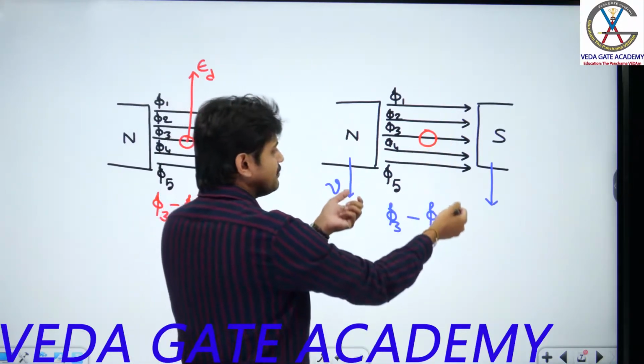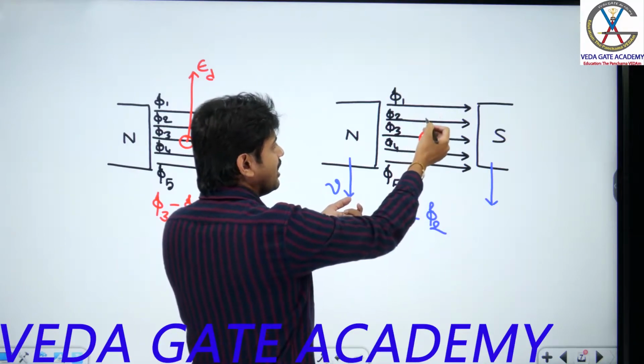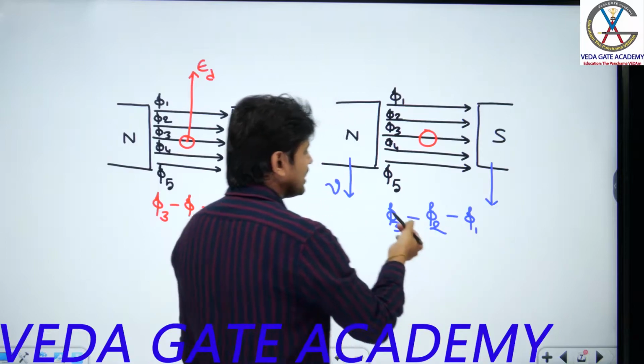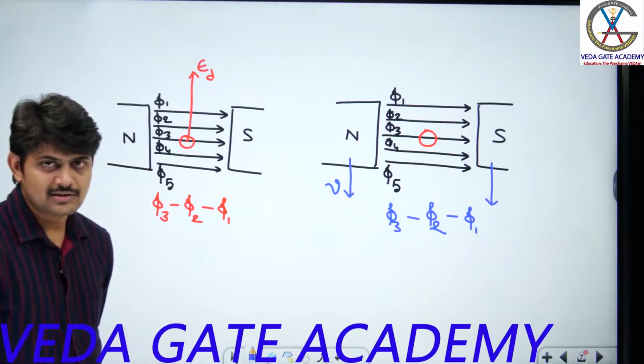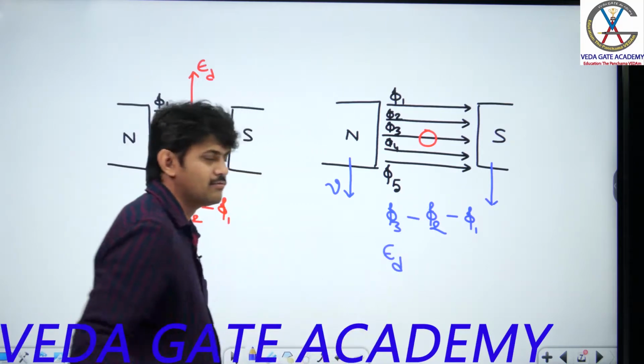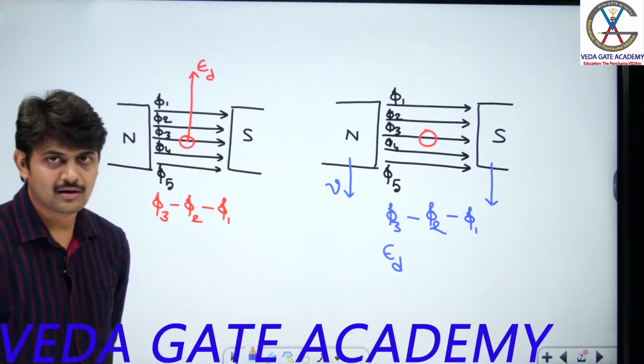After further movement downward, phi 1 is going to link with the conductor. So I can identify the change in flux lines. So obviously dynamically induced EMF will be induced across this particular conductor, right?